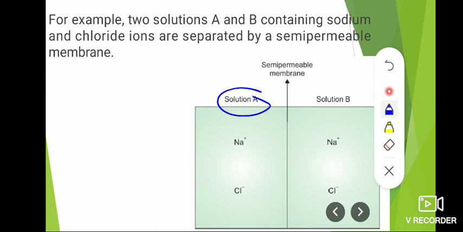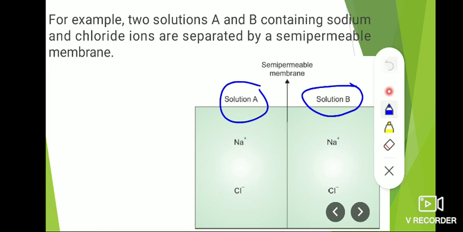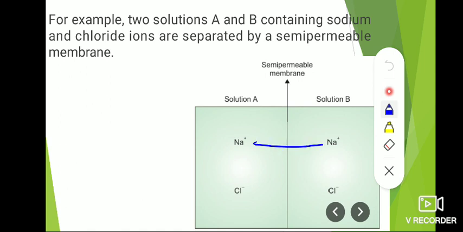Let's understand this. These are solution A and solution B. We keep them in a container and separate them by a semi-permeable membrane. Even if the quantities of cations and ions vary, after some time there will be electrical balance across the membrane because of movements across it, and both solutions will be electrically neutral.